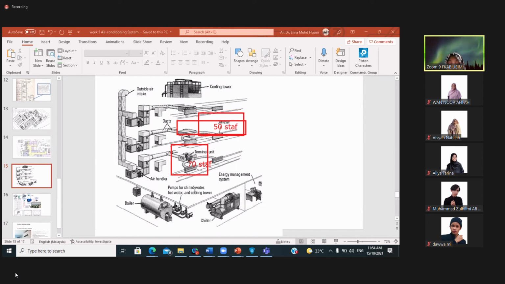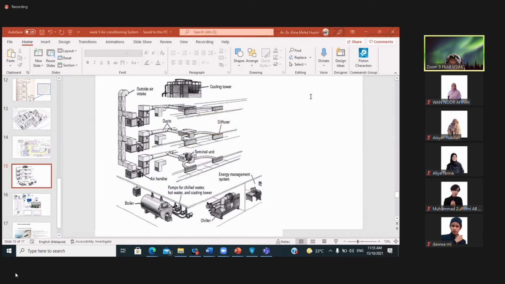It becomes more complicated. That's why it becomes only one part, one coordinator, to manage the whole building maintenance. That's why we have a building maintenance department. In USIM, we call it JPPF, Jabatan Perancangan Pembangunan USIM, the facility.